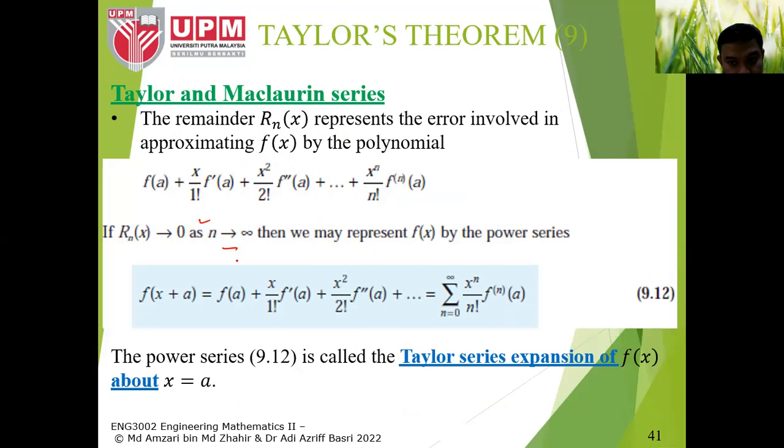So the equation of the power series is f(x plus a) equal to f(a) plus x over 1 factorial f prime a plus x to the power of 2 over 2 factorial and the rest. This is the general equation. So this one we call a Taylor series expansion of f(x) about x equal to a.